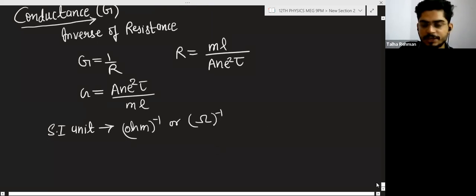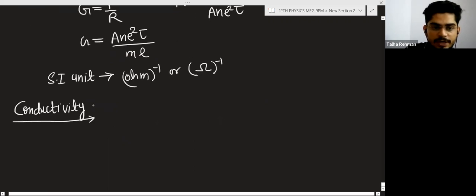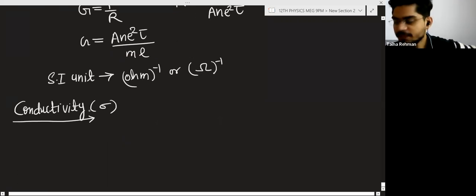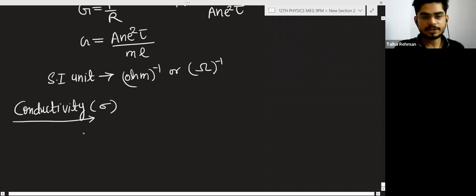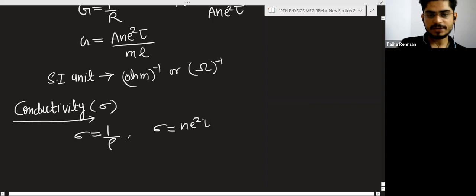Another term is conductivity. Conductivity is represented by sigma. We have discussed surface charge density, that is also sigma. Conductivity is 1 upon resistivity, the inverse of resistivity, which is n e square tau by m.